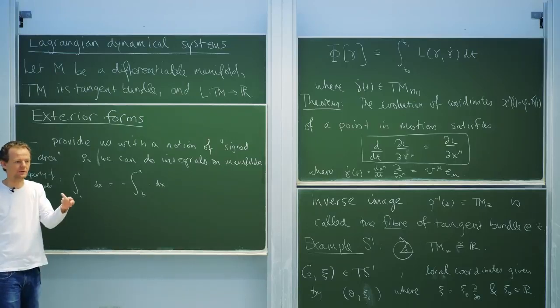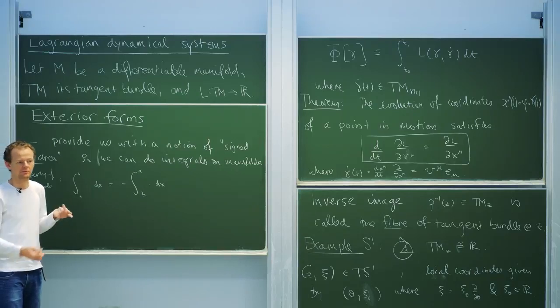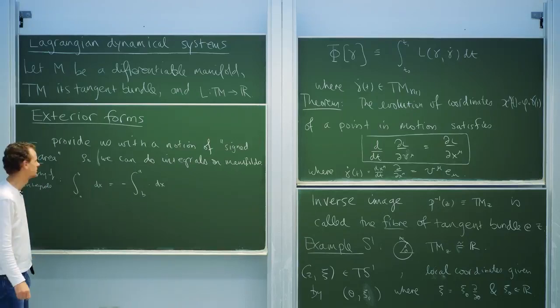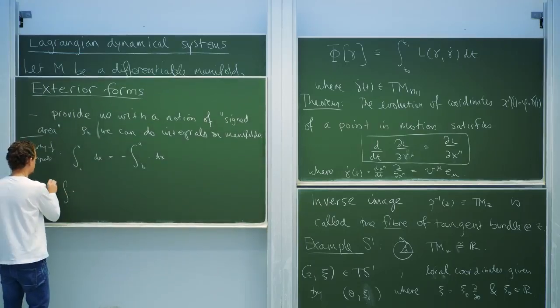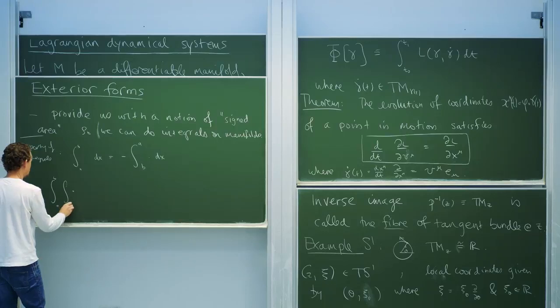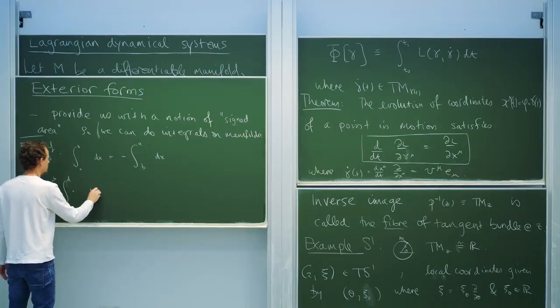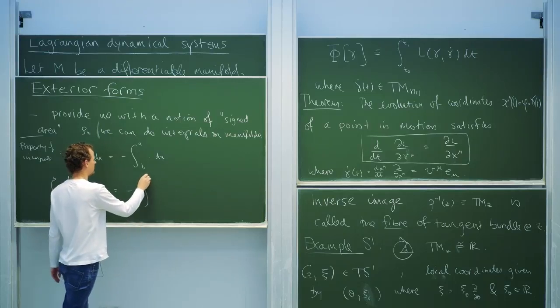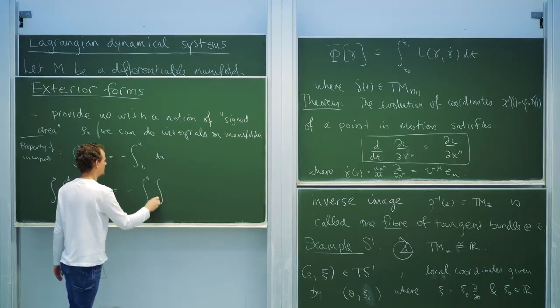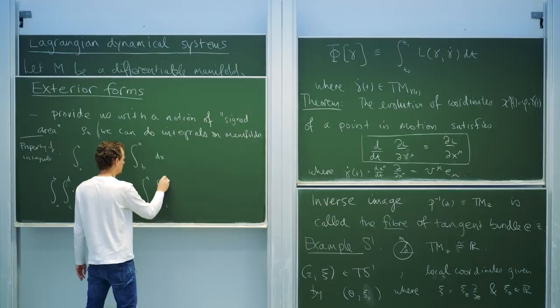If you integrate from a to b, that's the same as getting minus the integral of going the other way along the integral contour. And similarly, in higher dimensions, if you flip the coordinates of integration one time, you get a minus sign.